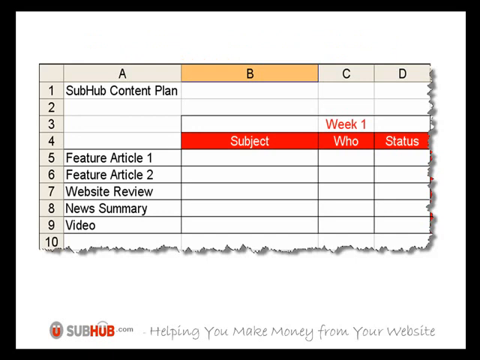In this example, I've listed a feature article 1, feature article 2, a website review, a weekly news summary, and a video. Along the top I have the week number, and then under each week I have subject, which is the article title, who, which is the name of the person creating the content, and status, which is how far along the content creation has gone.